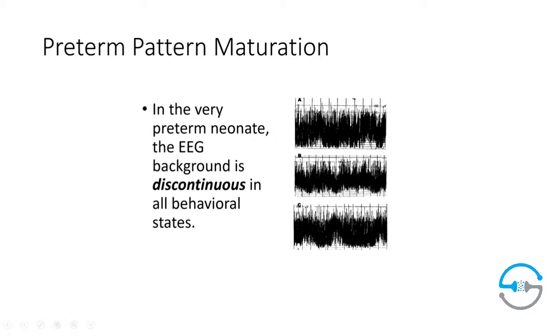And we have this loss of continuity or continuous activity, right? It's expected that they would have this. So we want to think about what is expected for age, and then we want to think about what we see on the aEEG. And because these are preterms, these aren't ill brain EEGs, these are maturing aEEGs. And so I don't want to confuse the issue too much, but just to say that discontinuous is normal in every behavioral state for the very preterm baby.